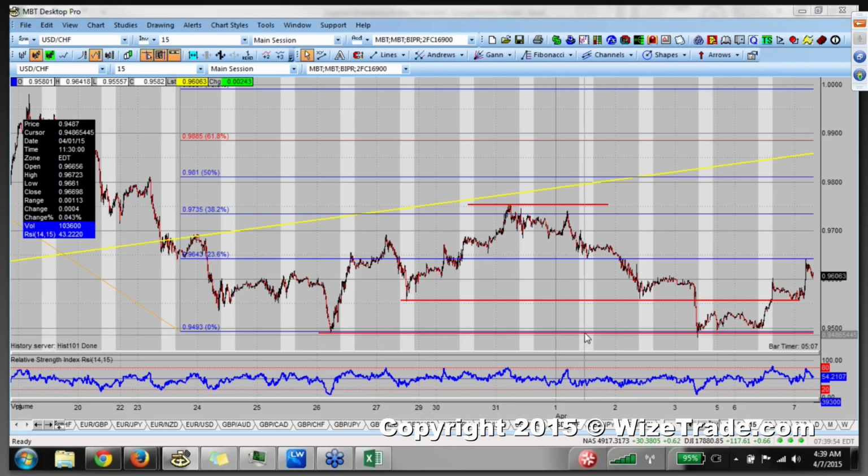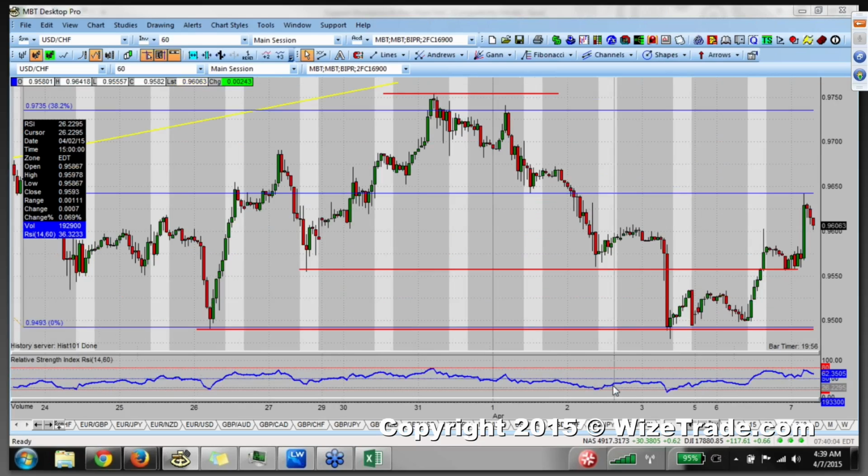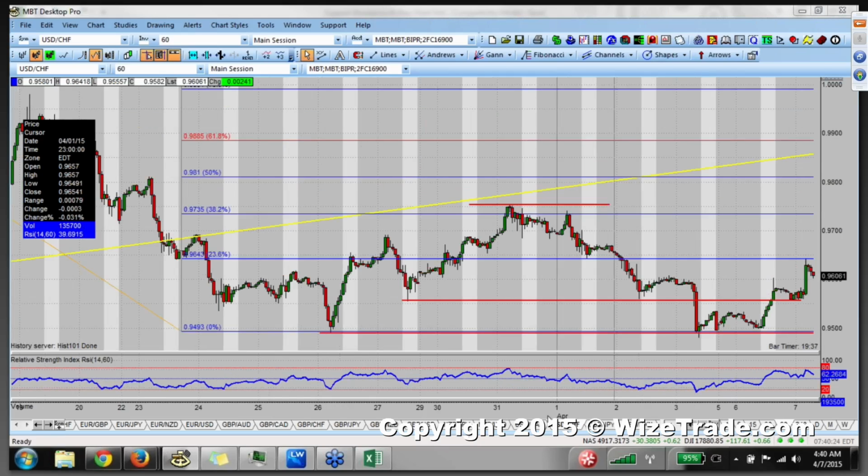One of the things we have to think about is that the Swissy is recovering. A lot of it has to do with Greece vowing to make its payment. So everybody's like, okay, well, I don't need to own Swiss francs as much as I did, just in case.